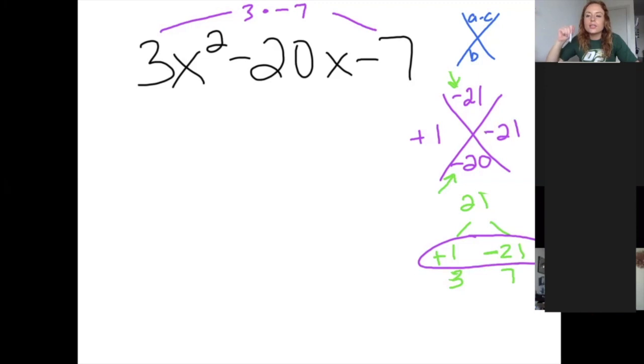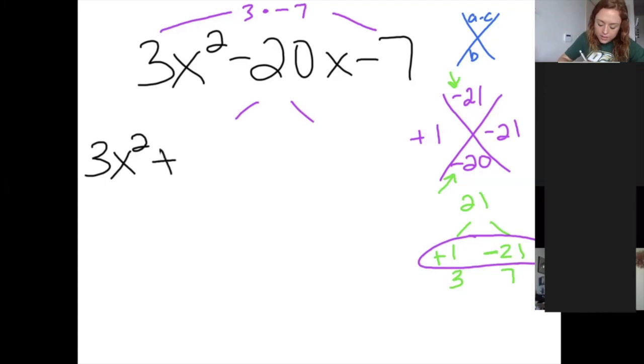Once we get those pieces of the x, we're ready to rewrite our original equation, but we're going to break apart this b with these values that we just found. We have 3x squared, but instead of negative 20x, we're going to write plus 1x, or just plus x. If you want to write the 1, you can.